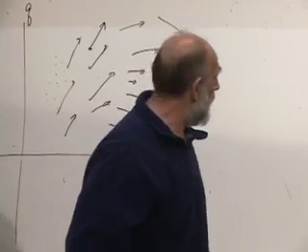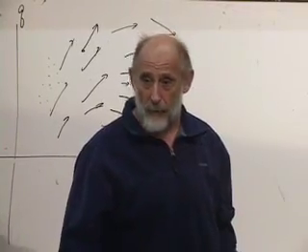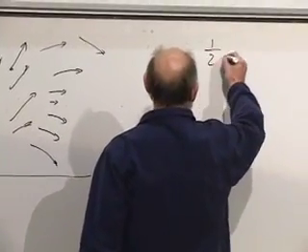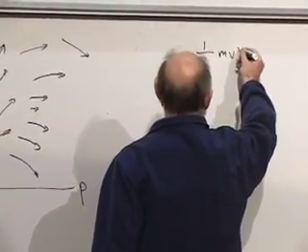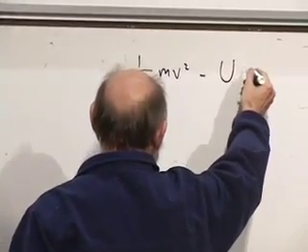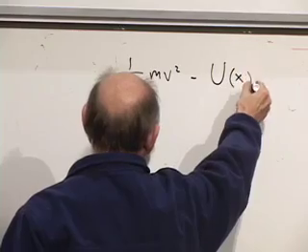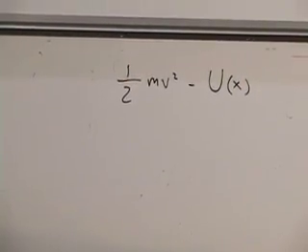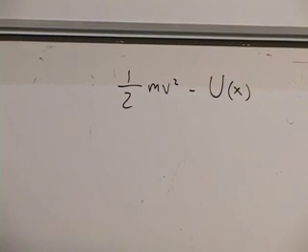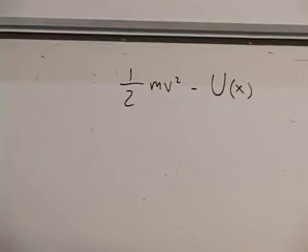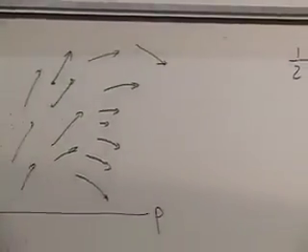Oh, I said I would work it out for you for the ordinary particle. Let's do that first. Ordinary particle, again, the Lagrangian is 1/2 m x dot squared minus U of x. Now I've replaced q by x. We've done this before, haven't we? I just want to check these equations.